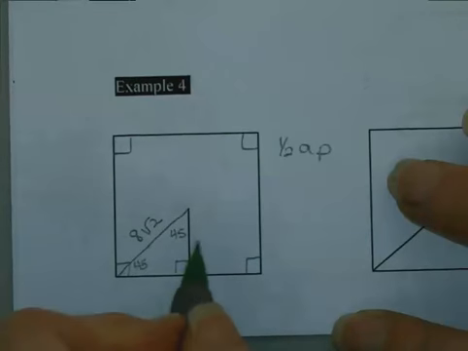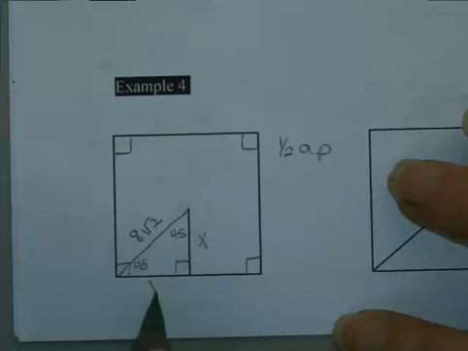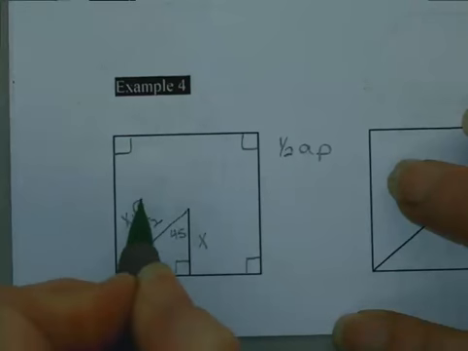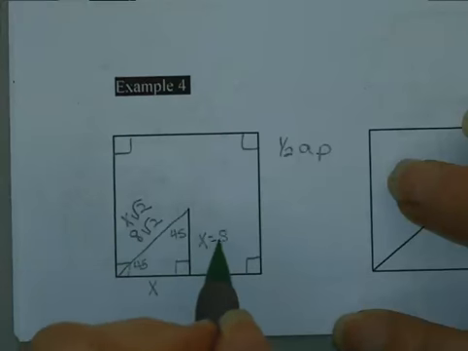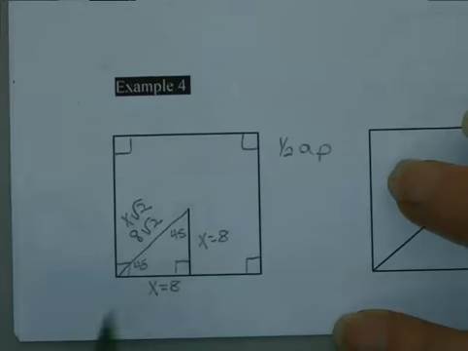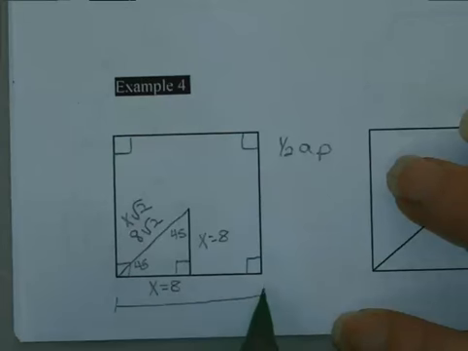So it's x square root 2. You remember the format? So x is 8. That makes the entire side, if this is 8, the entire side is 16.